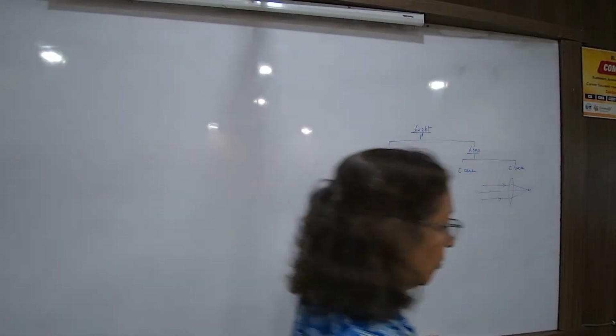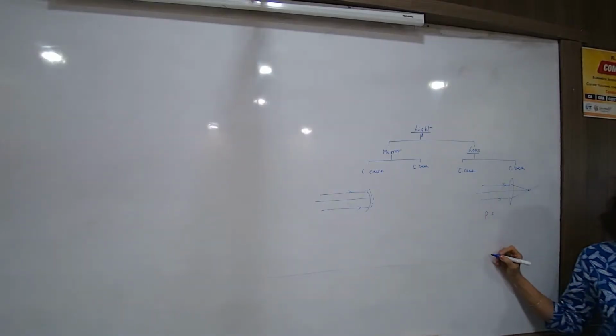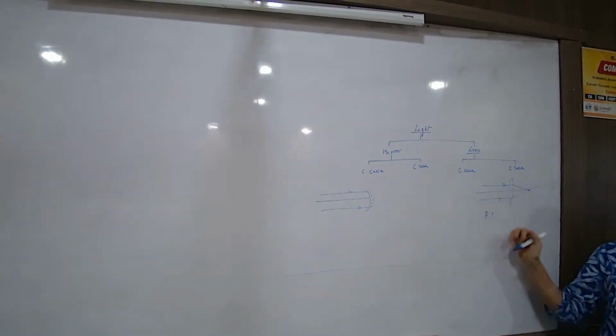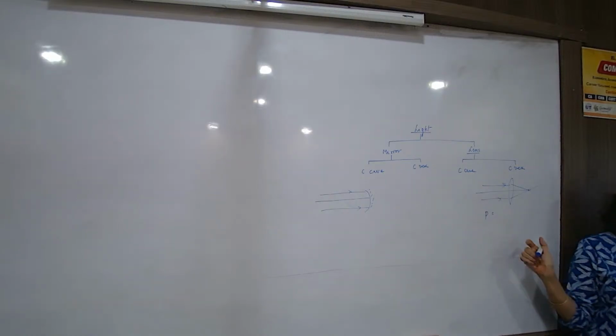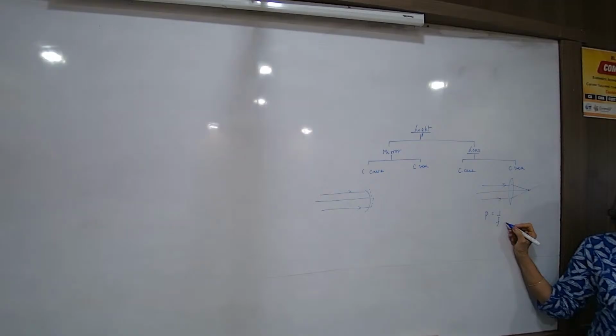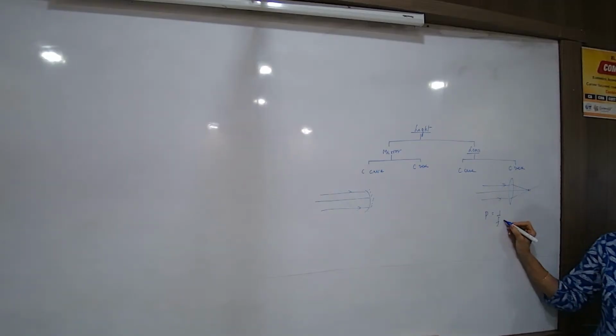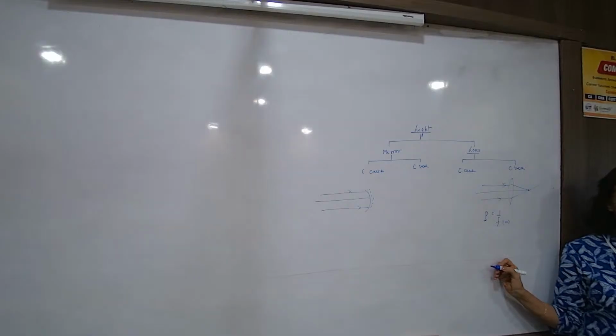Come. What about your power? What is the formula here? P is equal to what? Power is only for a lens. Okay? 1 upon f. So f always has to be in meters. It always has to be in meters. And what will be the unit for power here? It is diopter. Okay.